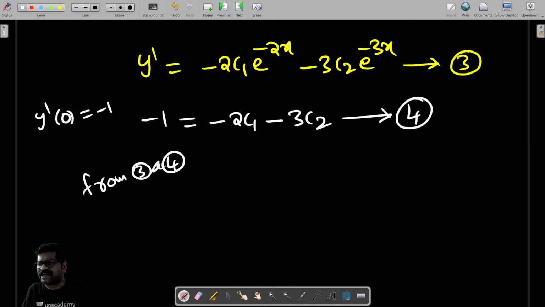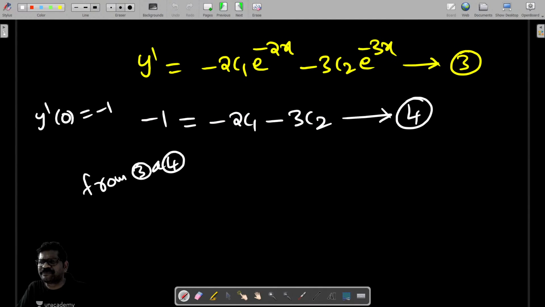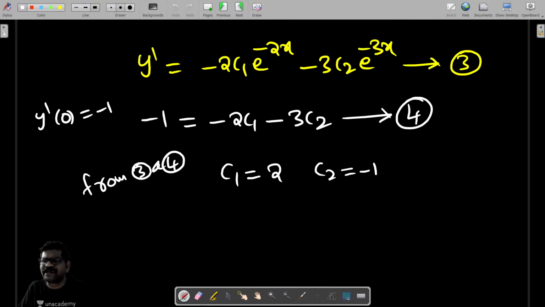Minus 1 equal to minus 2c1 minus 3c2, that is equation 4. Equation 2 is c1 plus c2 equal to 1. By solving, we get c1 equal to 2, c2 equal to minus 1. So minus 4 plus 3 is minus 1. Now 2 minus 1 equal to 1, right?